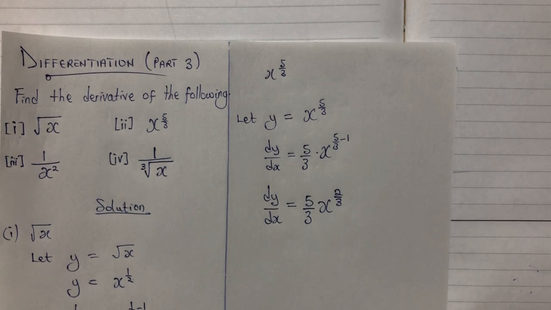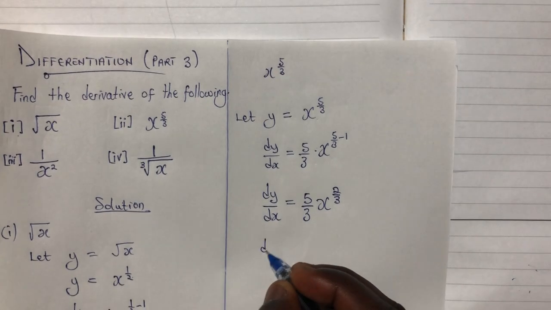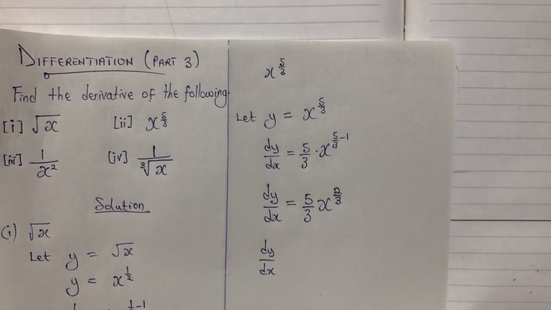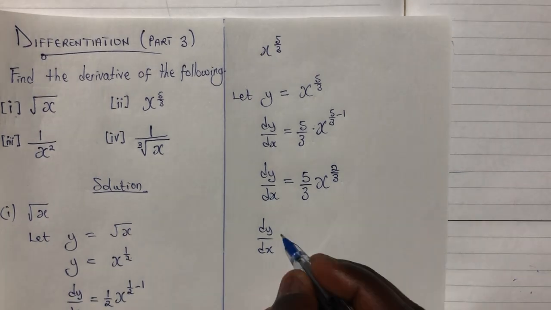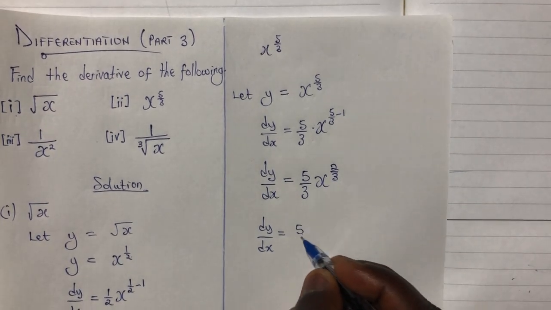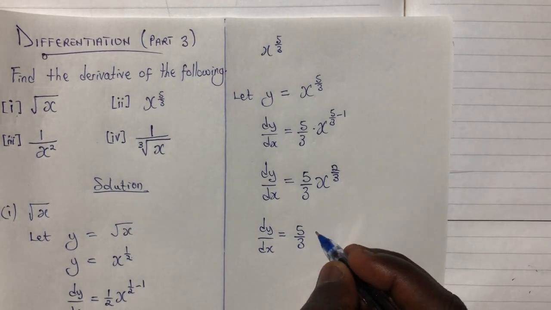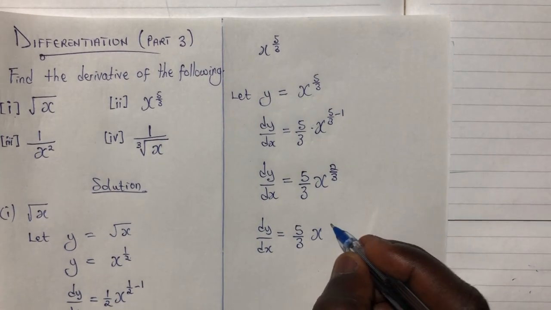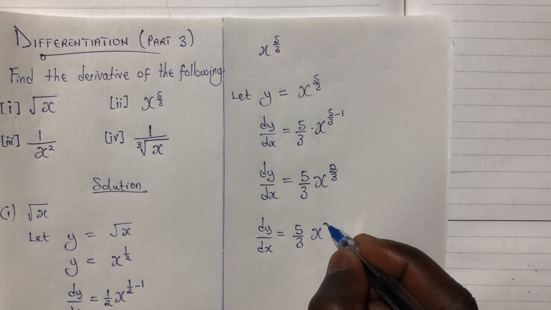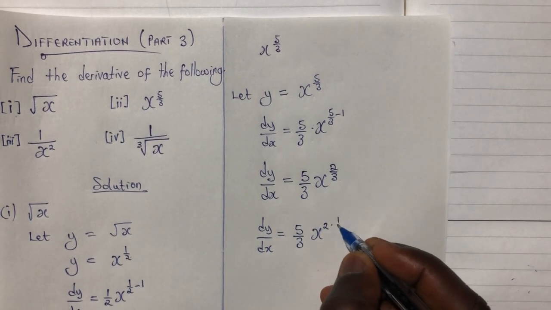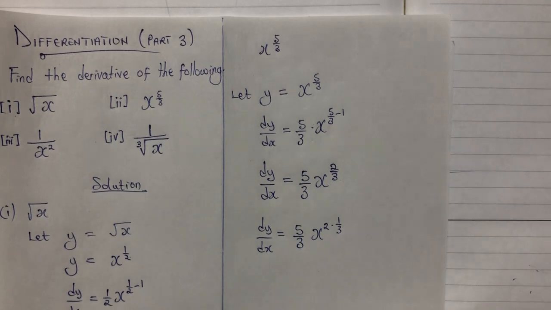So this is going to give us dy dx being equal to 5 out of 3 multiplying x squared, raised to 1 out of 3. I want to change this to indices.